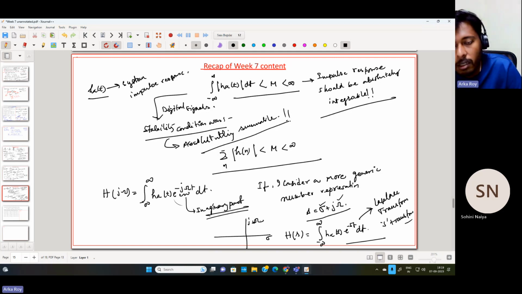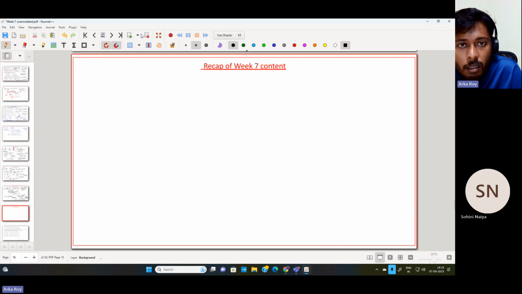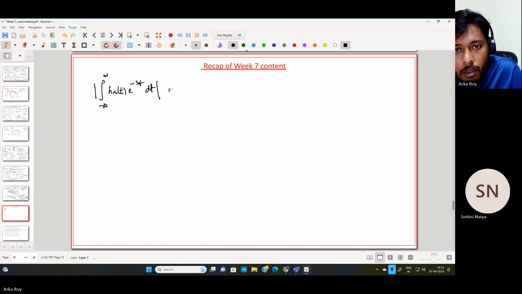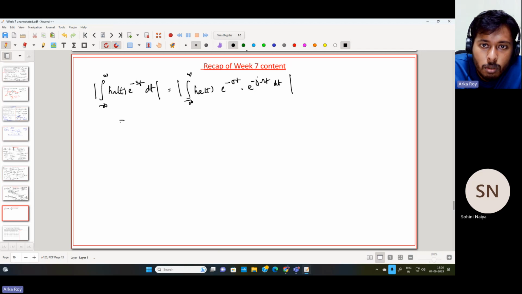Now we need to see the stability corresponding to this H(s). So if I take the mod of this particular integral, minus infinity to infinity h(t) e to the power minus s t dt, I can write it as the integral of h(t) e to the power minus sigma t into e to the power minus j omega t dt, and then the mod is closed.